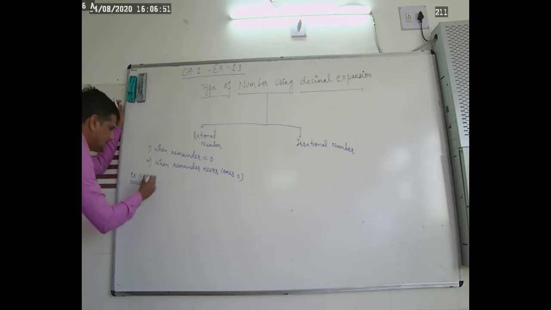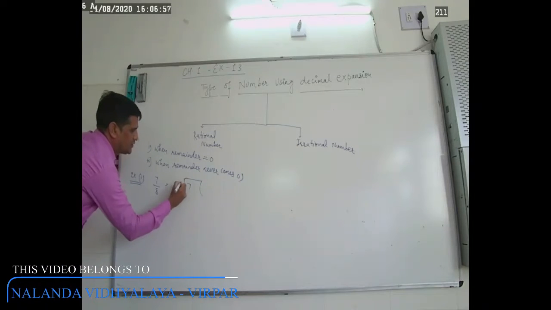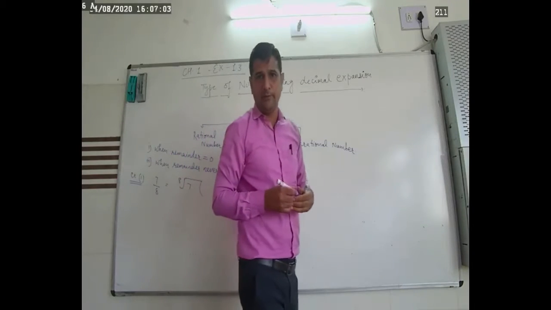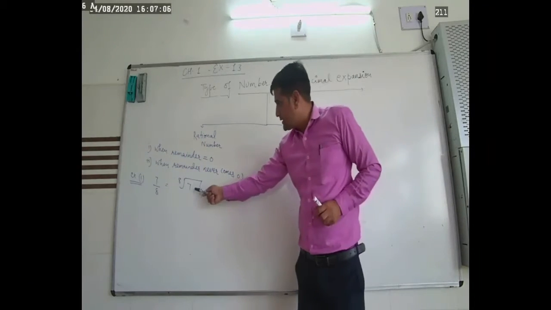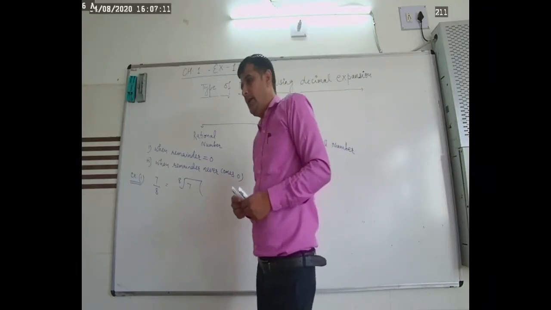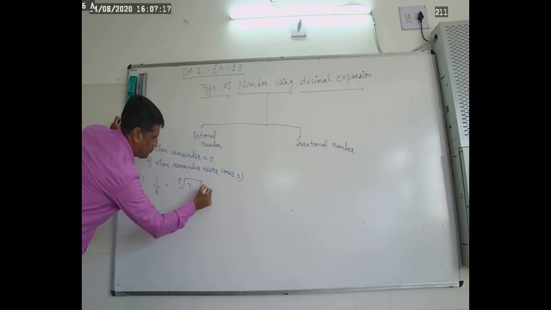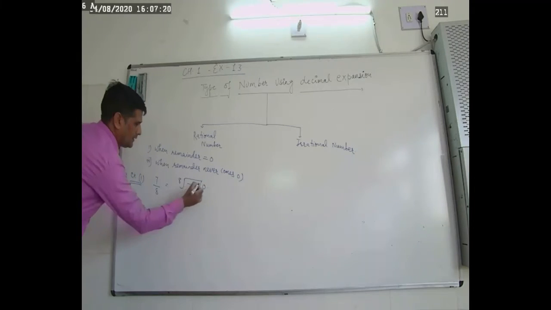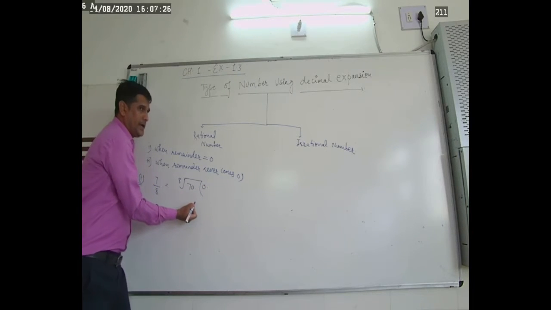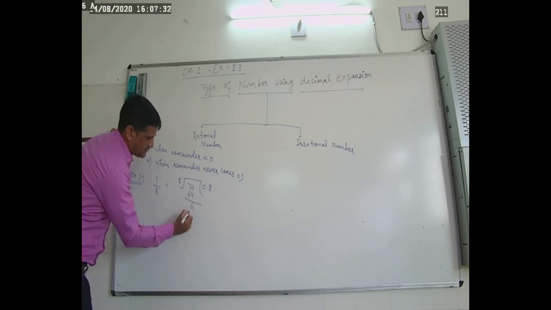I am taking the number 7 by 8. I will take its decimal expansion by using the division algorithm. I have to divide 7 by 8. 7 is less than 8, so 0.7. 7 8s are 56... 8 8s are 64, so what will remain? 6.